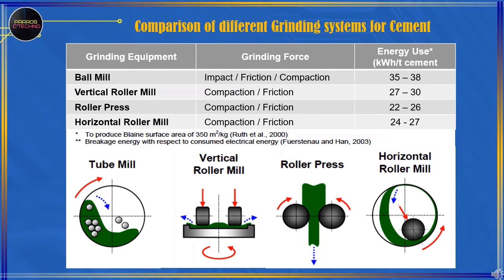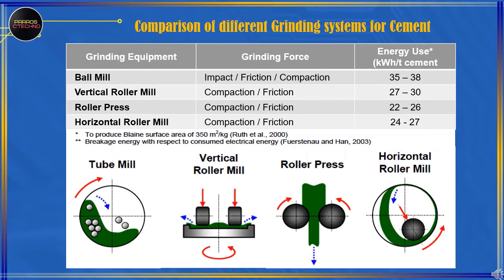Comparison of different grinding systems for cement. To produce cement with a Blaine fineness of 350 square meters per kilogram, the energy used for tube mill or ball mill equipment is between 35 and 38 kilowatt hours per ton of cement.